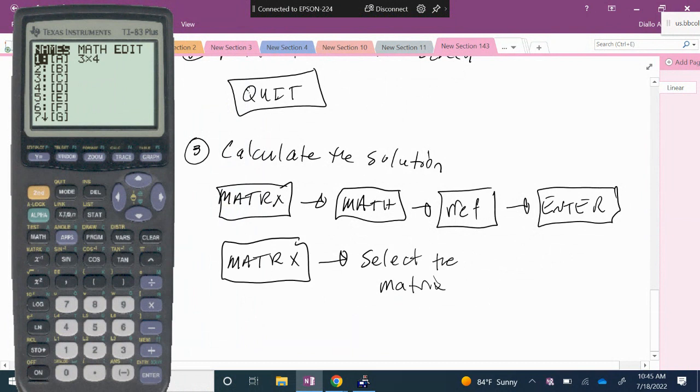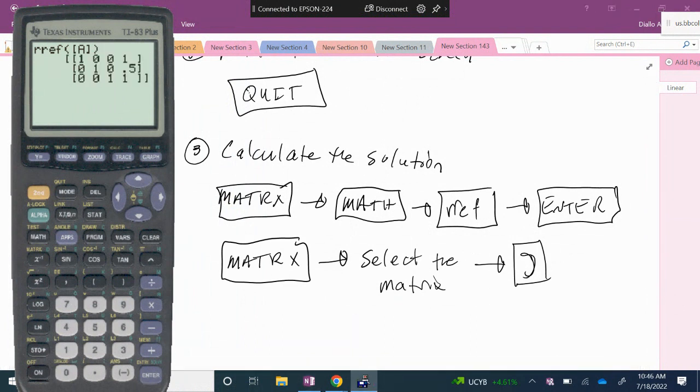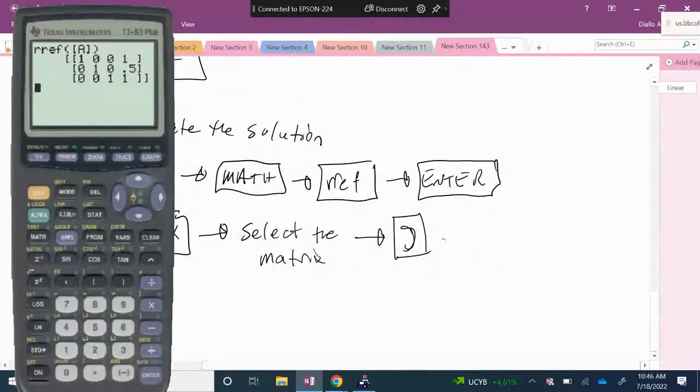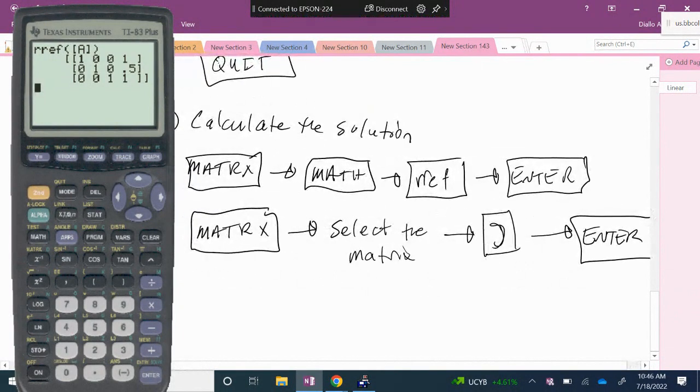And here we want to select matrix A, so I'm going to hit enter. Close off your parenthesis. And then we're going to hit enter. And believe it or not, this actually gives us our solution.